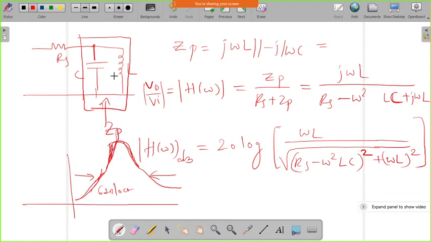That is because it has two elements. The first element gives 6 dB per octave, and the other gives 12 dB per octave. This is the resonance that happens for the circuit shown, the passband resonance circuit.